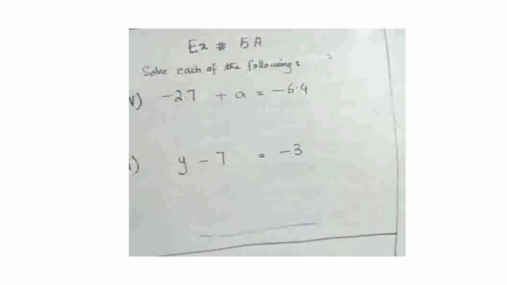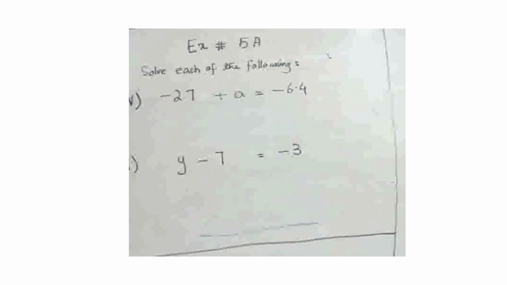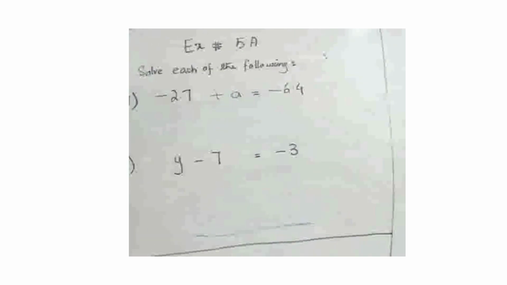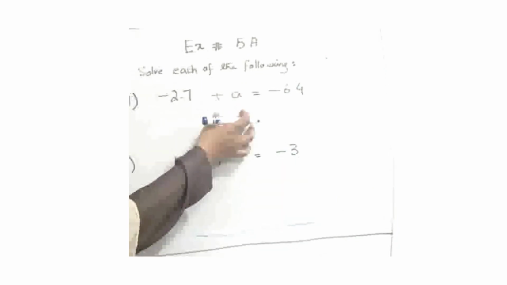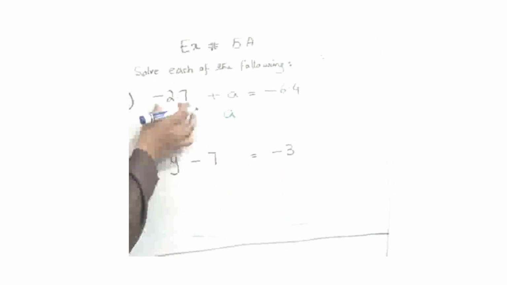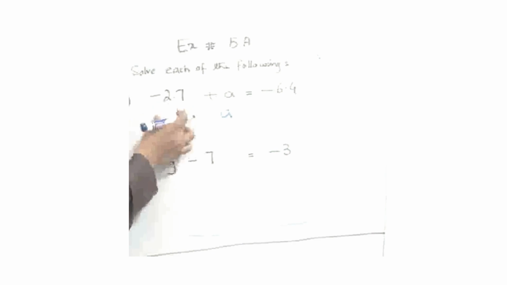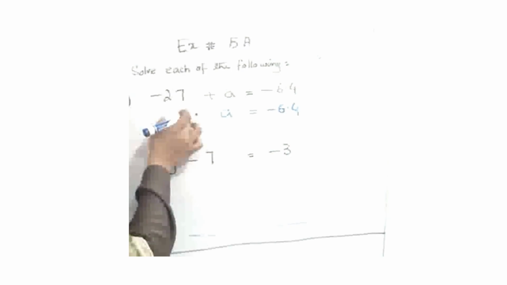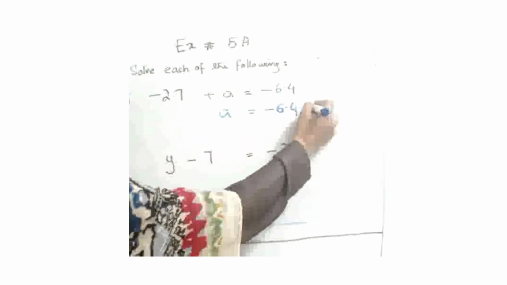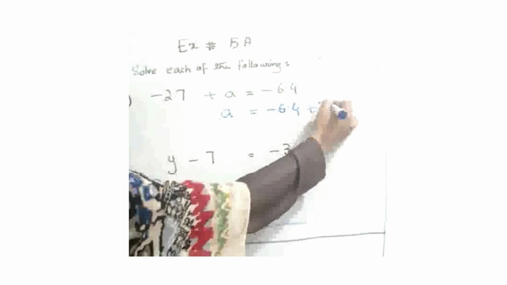Now part 4 is saying minus 2.7 plus a is equal to minus 6.4. So what you will do is keep a in its place and take this minus 2.7 to the other hand side. Minus 6.4 is also in its place. Minus 2.7 will go to the other hand side and become plus 2.7.